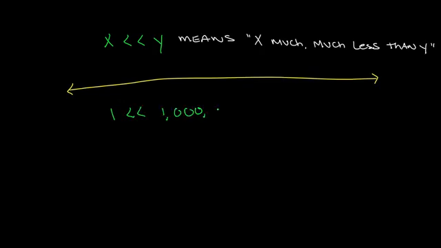I say reasonable, not true. There's no real way for a judge to judge whether this is true or false. Whereas a statement like 2 less than 3.1, you could say, is that true or false? Much, much less is kind of in the eye of the beholder, but we tend to agree what it means. Somehow 1 million dwarfs 1. And that's often very important.